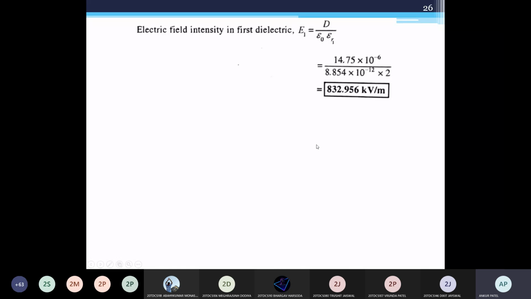For the second, tell me what you are getting for E2. E2 is equal to 555.3 kilovolts per meter.